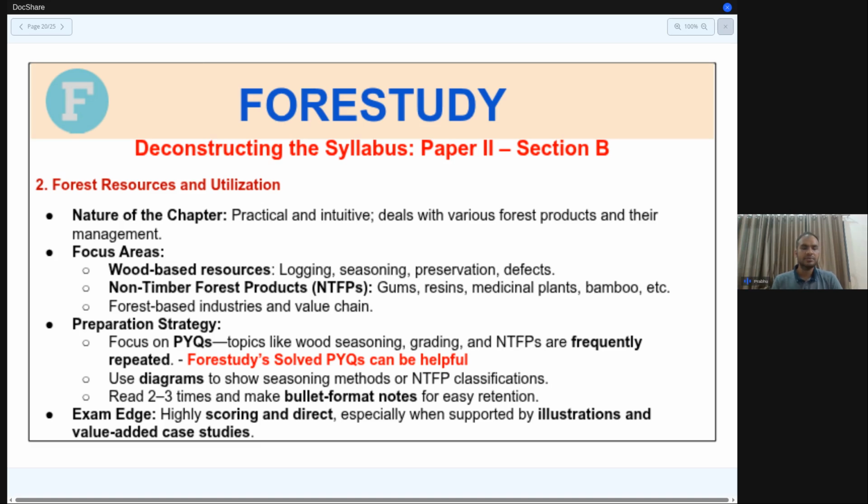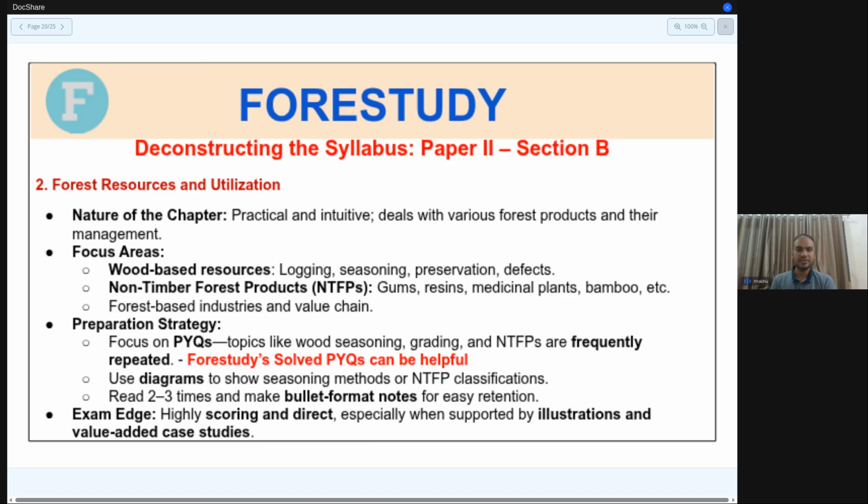Then the second chapter of the section is forest resource and utilization. Forest resource utilization involves wood-based resources and non-timber forest product based resources, how they are used, and what portion of these plants is used, like gums, resins, medicinal plants.